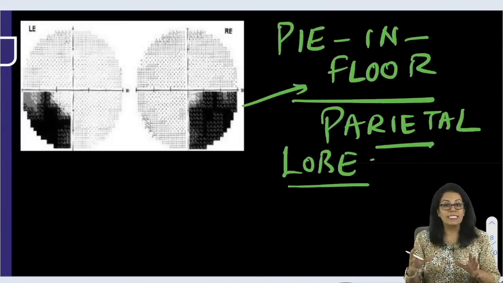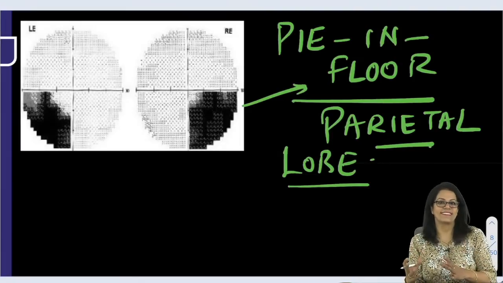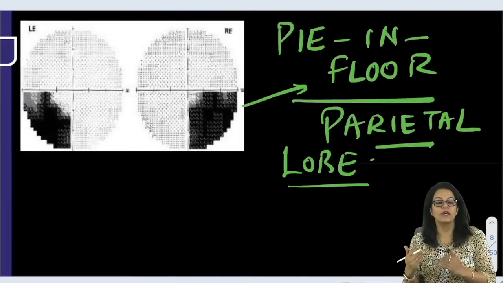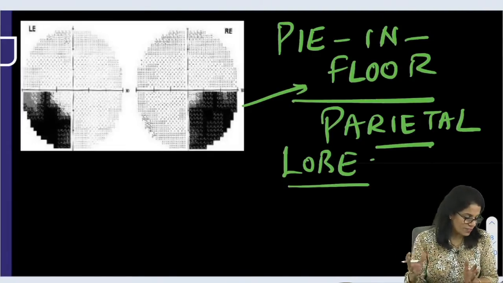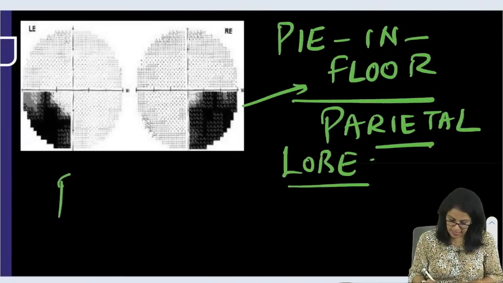So remember, pie in the sky, pie in the floor, many of you have asked me, this is incongruous, okay? After that, when you go into deep parietal, that is posteriorly in the optic radiation, it becomes congruous, and of course visual cortex lesions are always congruous. So that is spelled as Baum's.